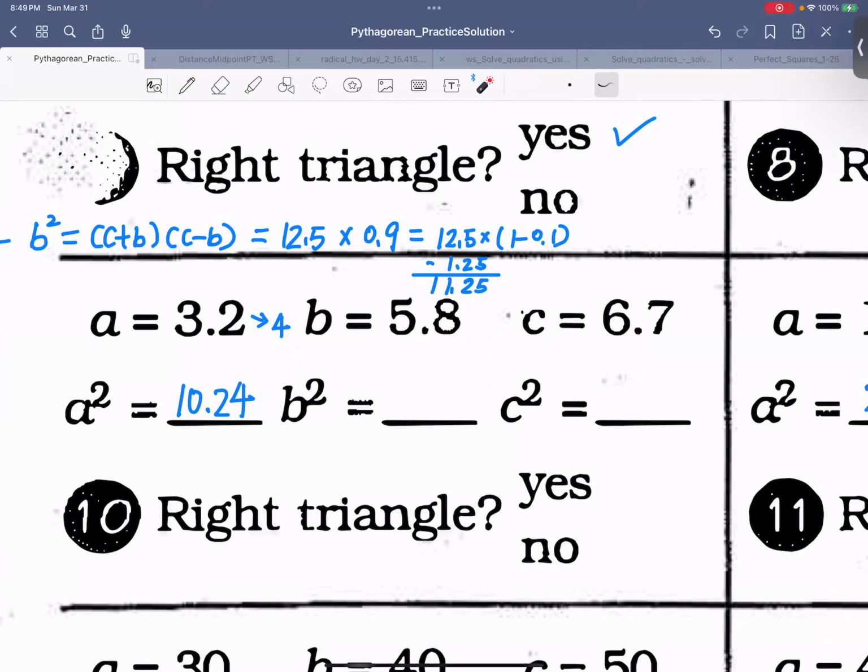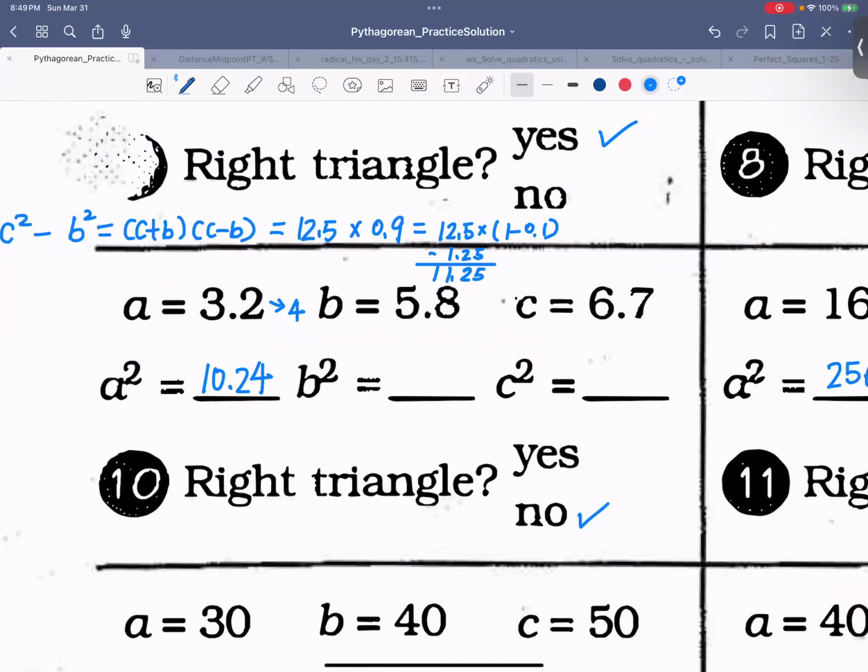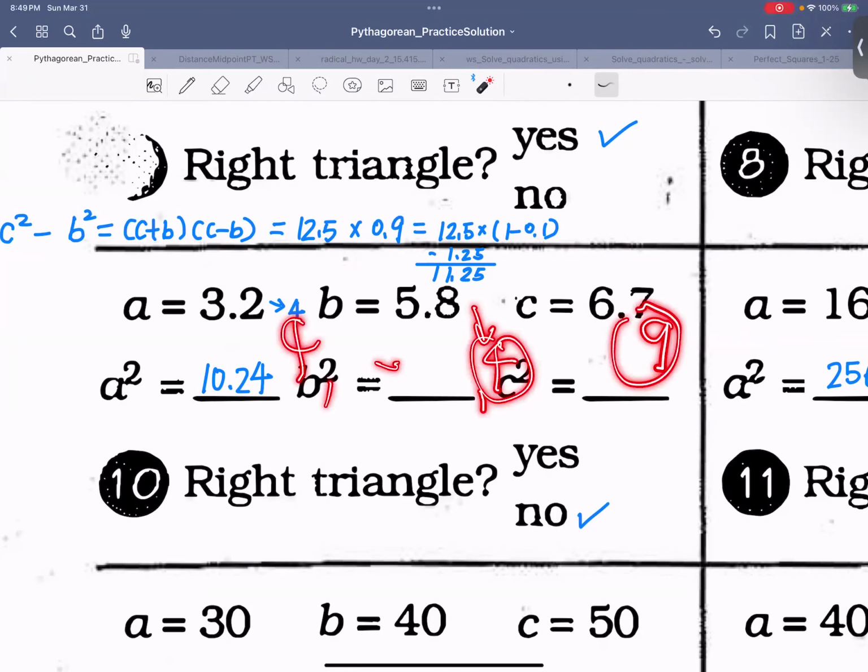No. So this is no. Make sense? You can check by their last digits. 7 square last digit is 9. 8 by 8 last digit is 4. 2 by 2 last digit is 4. Can adding these 3 numbers make them meet? No, that's not possible.